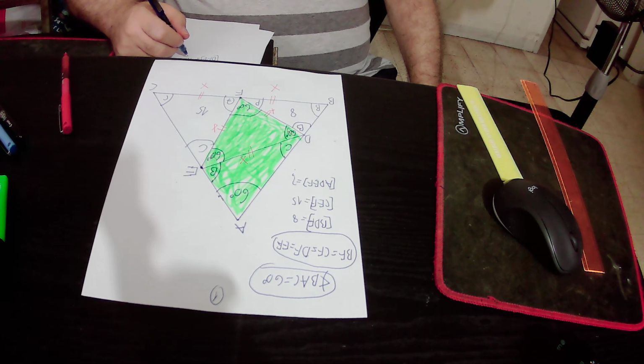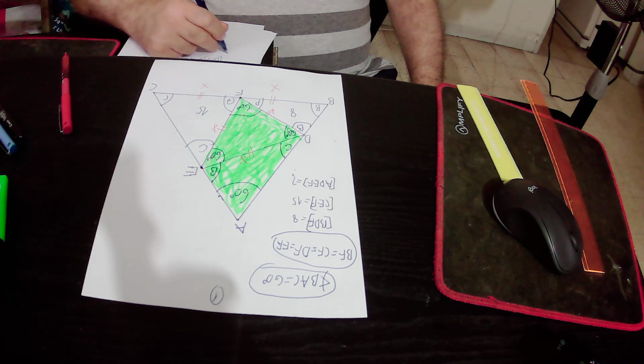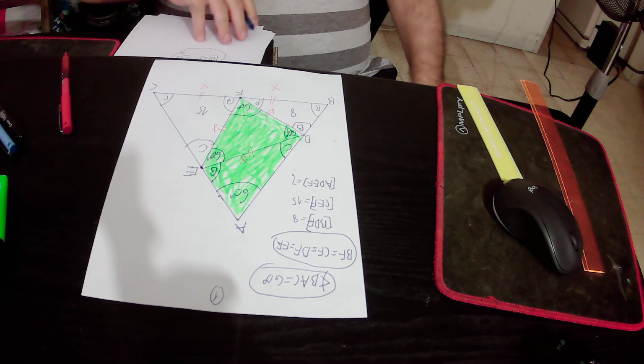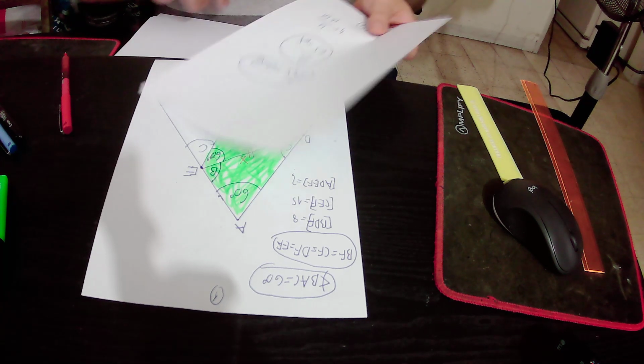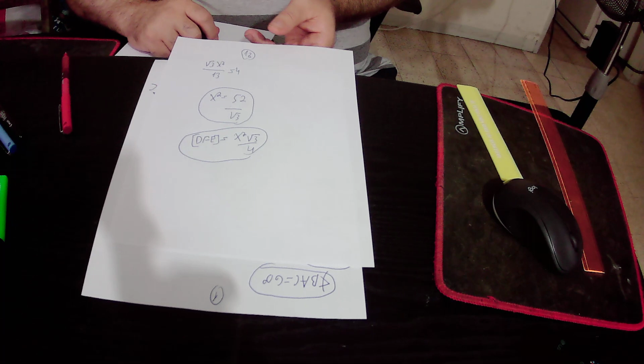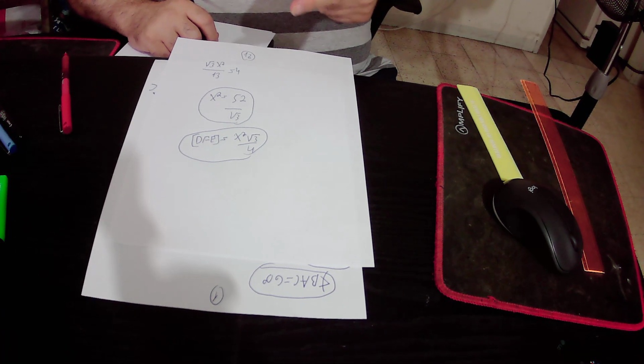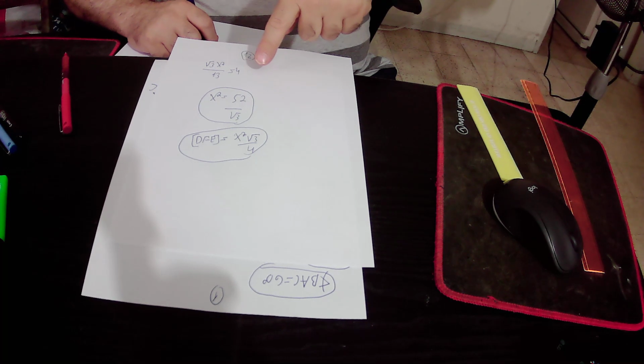Sine 60 is root 3 over 2, and root 3 over 2 over 2 is root 3 over 4. So the area of the equilateral triangle DFE equals x squared times root 3 over 4.